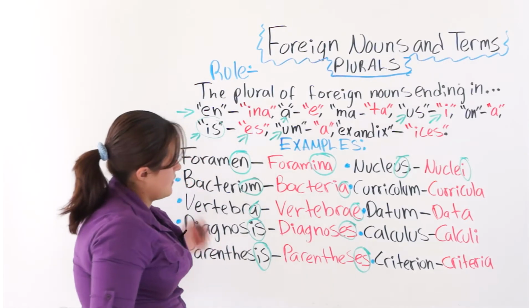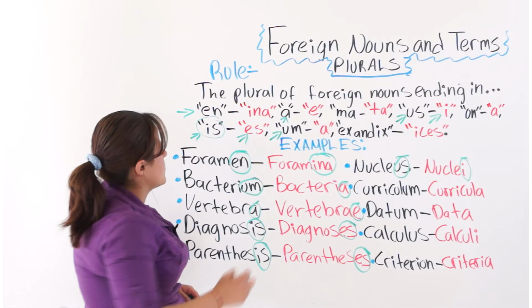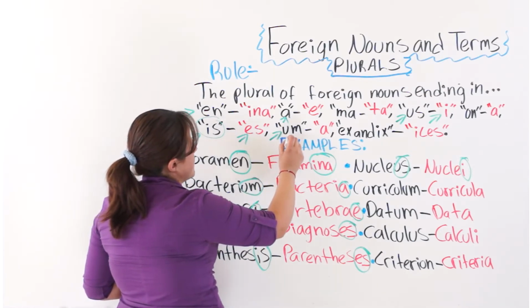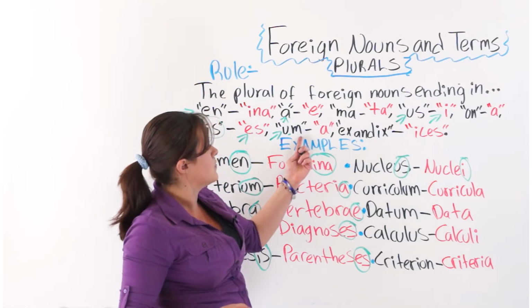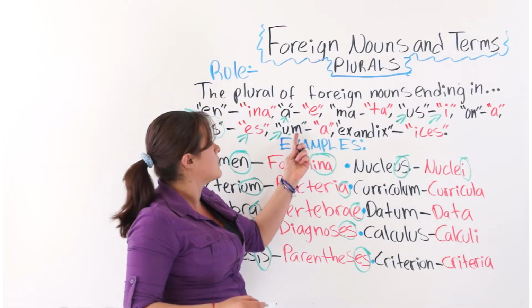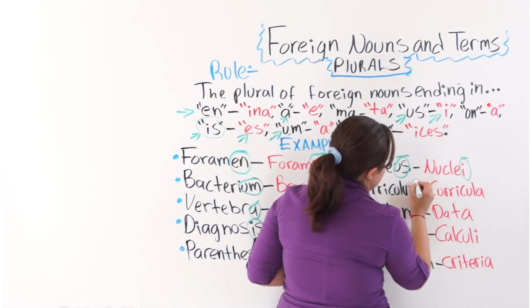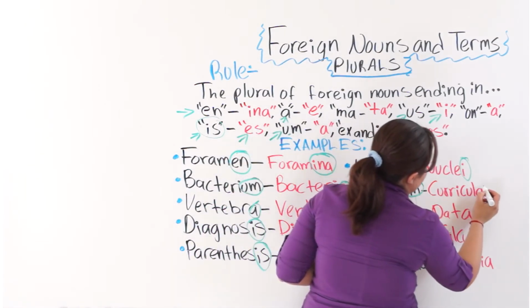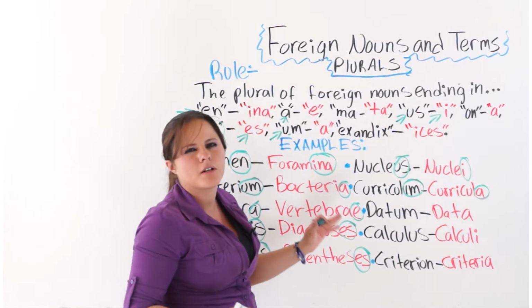All right? The next one says curriculum. So it ends in um here. So what are we going to do according to this rule? We are going to replace the um with an a. So as you can see here, I took away the um and I added an a instead. Curriculum, curricula.